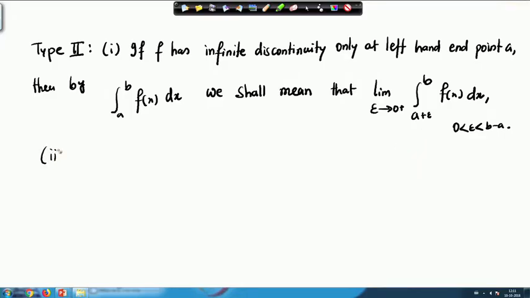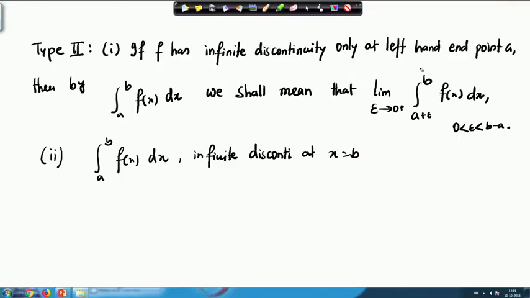Similarly, let's say if we have discontinuity, so I'm avoiding the whole statement. So what I'm trying to say is that if we have infinite discontinuity at the point x equals b, or the right hand endpoint, then in that case the value of the integral a to b f(x) dx would be equal to limit epsilon goes to 0 plus a to b minus epsilon f(x) dx.